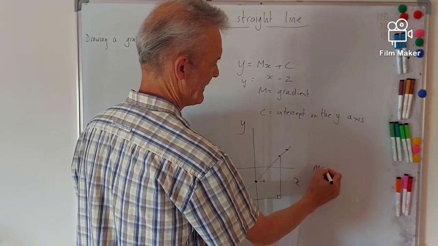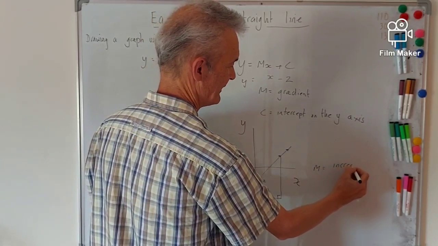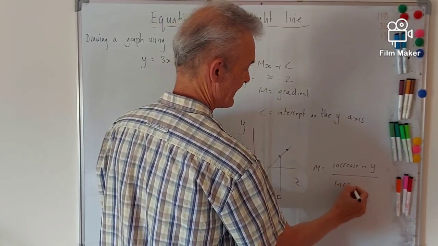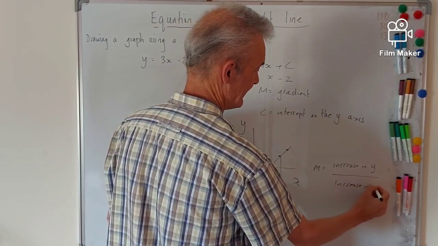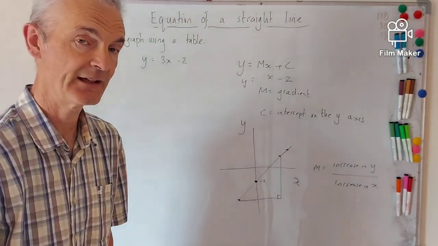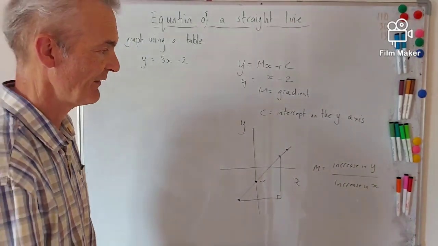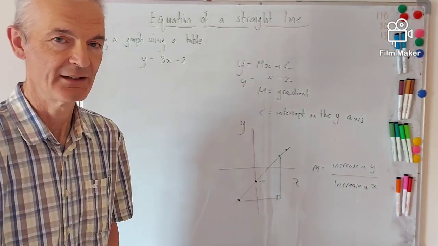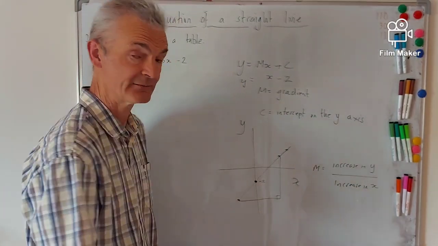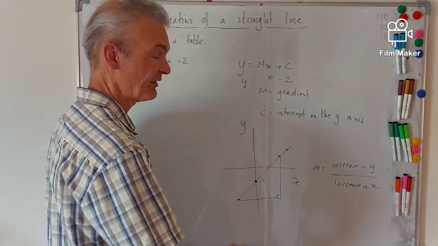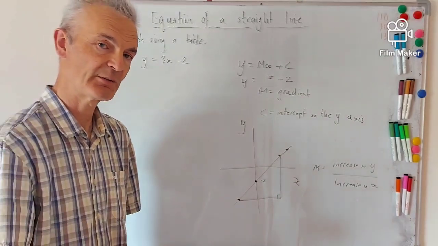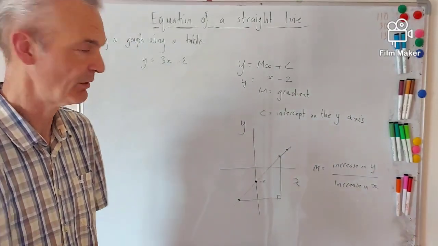So our gradient m is the increase in y divided by the increase in x. I'll look at this in a little more detail in a forthcoming video, but that's a very quick explanation of how you're going to get the gradient. It's possible to do it if you've got a graph like this on a piece of graph paper. It's also possible to do it if you've just got two coordinates, but we'll look at that later.